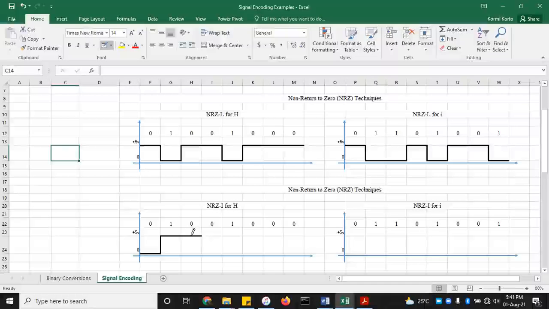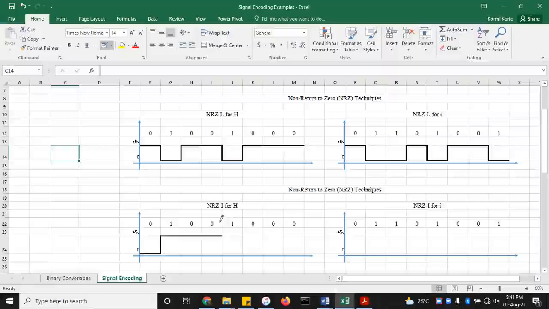Transitions only take place, which is transitioning from one state to another, when you're moving from 0 to 1 or 1 to 1. So it means that 1 to 0 and 0 to 0 are not transitioning. There's no transition. You just basically stay at wherever you are. So since we have 0 to 0, we just stay exactly where we are.